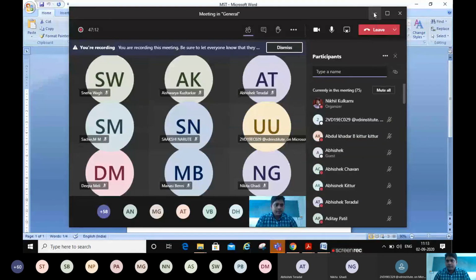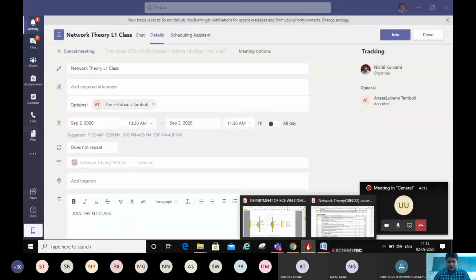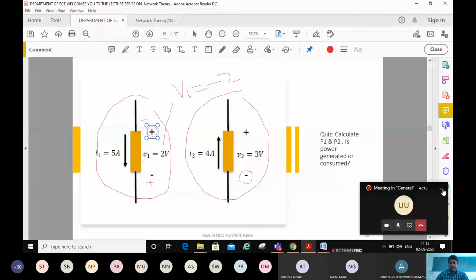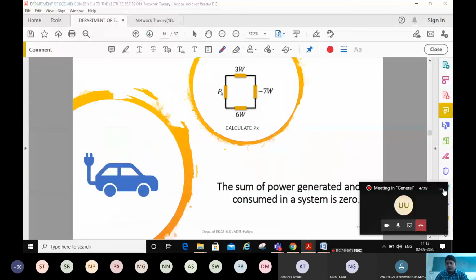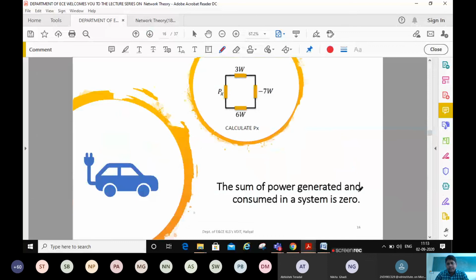Now coming back to the slides, the next point is that the sum of power generated and consumed in a system will be 0. If you consider this one, the total power here is 6 plus 3, which is 9, minus 7, which leaves 2.